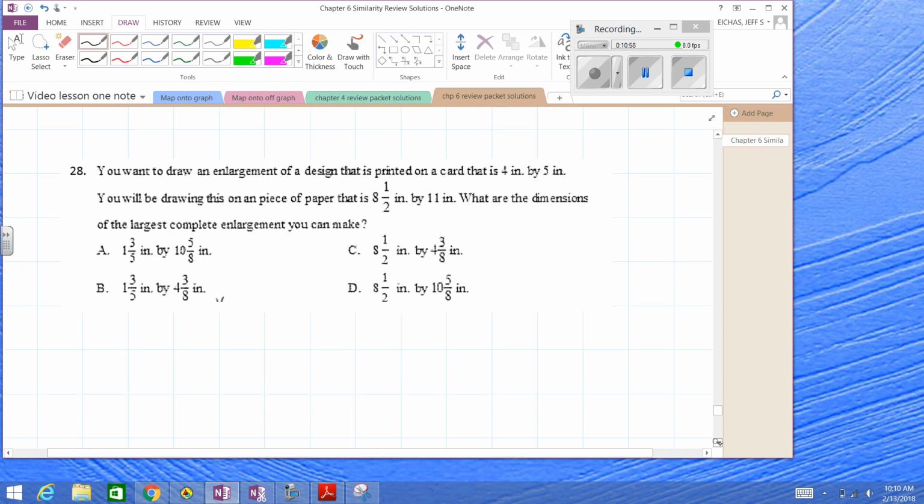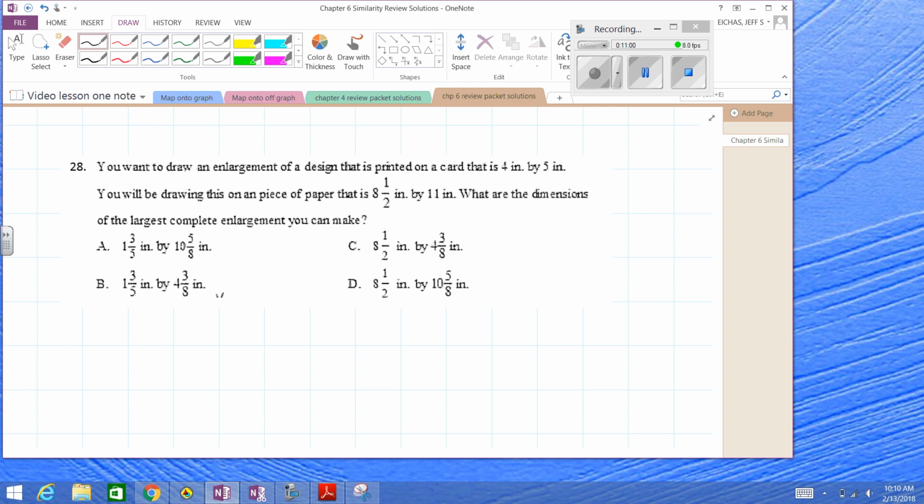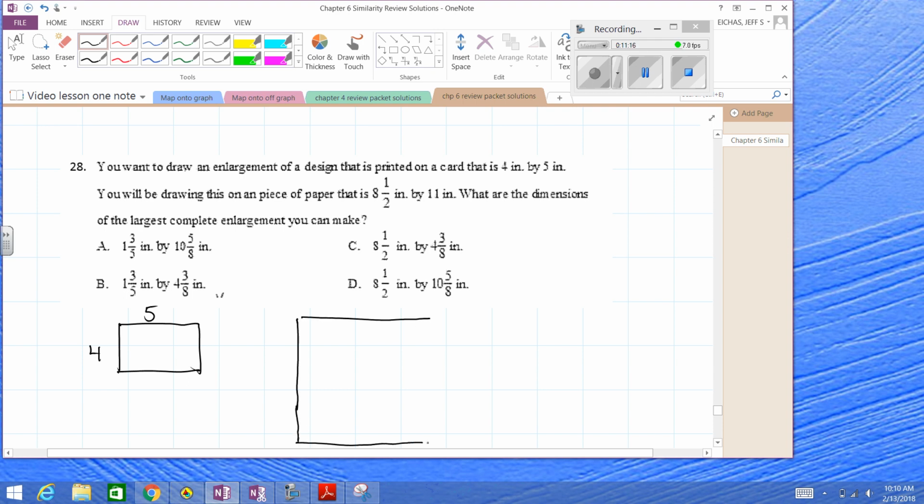Okay, getting there. You want to draw an enlargement of a design that is printed on a card that is 4 by 5. Just going to quick draw this. It's 8.5 by 11. What are the dimensions of the largest complete enlargement you can make?